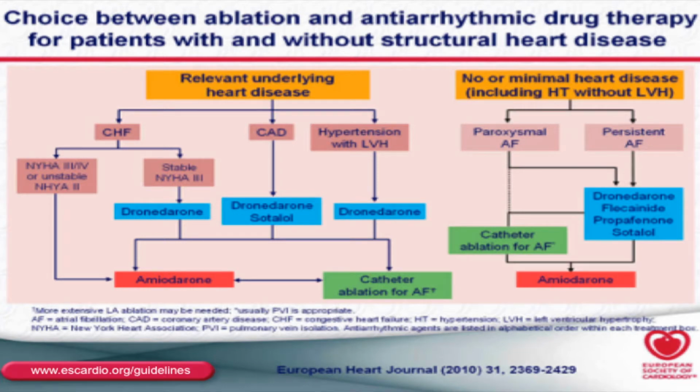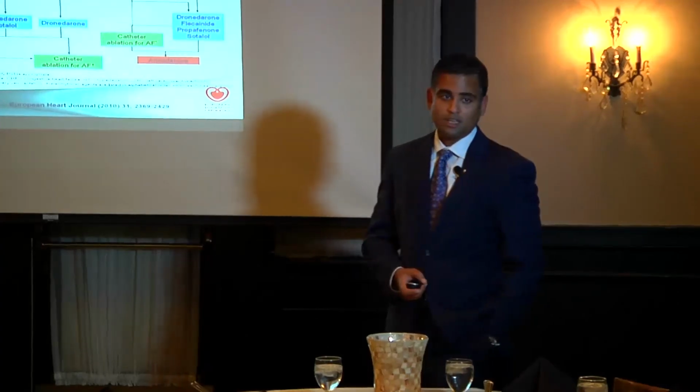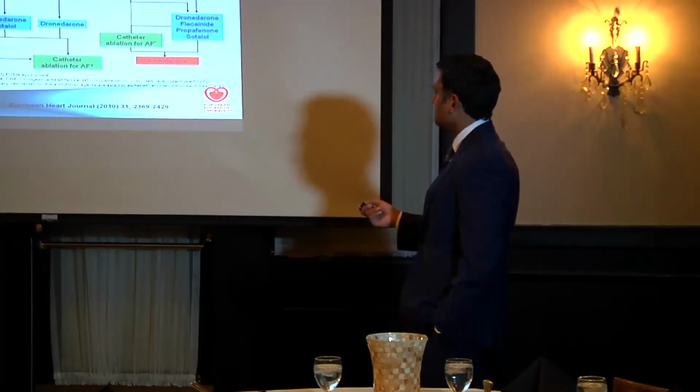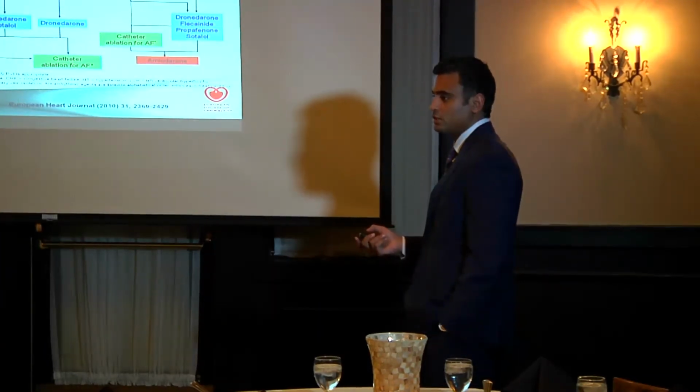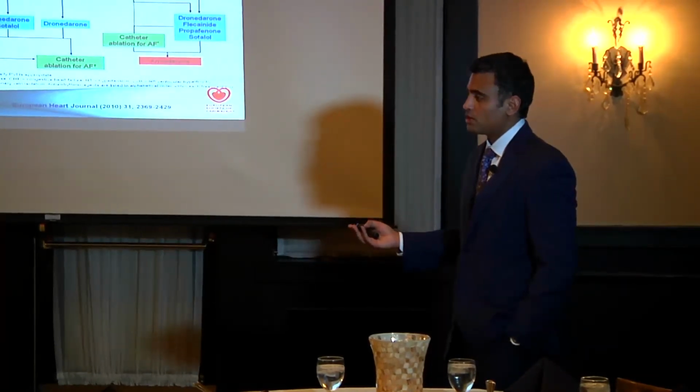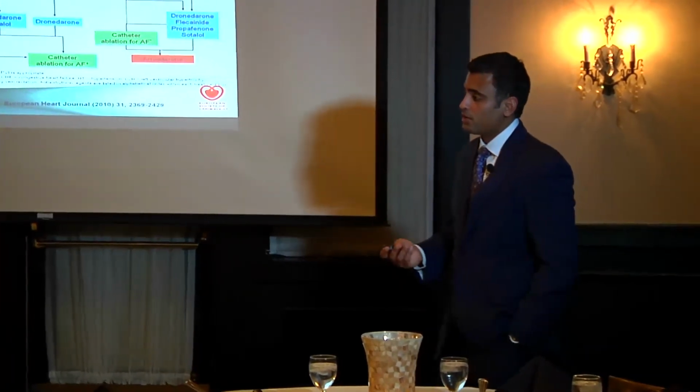They can take it at home, they don't have to be in the hospital. Once we move on to therapies such as sotalol or Tikosyn, where they often have to be in the hospital to initiate the medication, we say, you can be in the hospital 3 days on one of these Class 3 antiarrhythmic medications, or the other option is to undergo an ablation. So that's the point at which I generally offer an ablation.